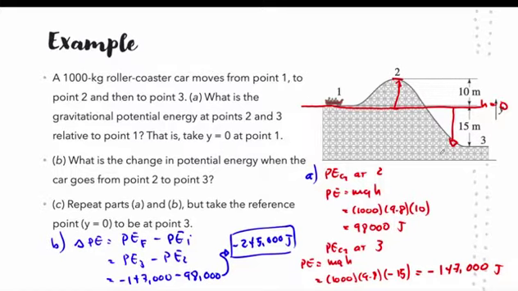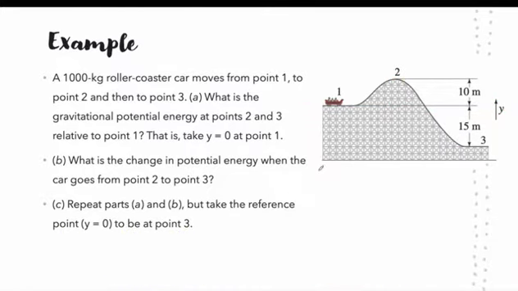All right. Now, I'm going to erase these values here and do letter C, okay? For letter C, repeat parts A and B, but take the reference point to be point 3. So this right here, this is our h equal to 0, okay?